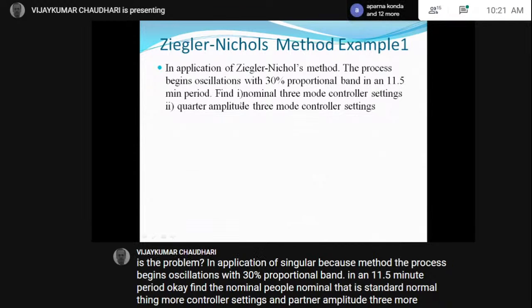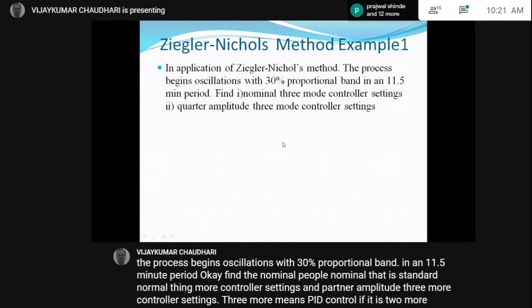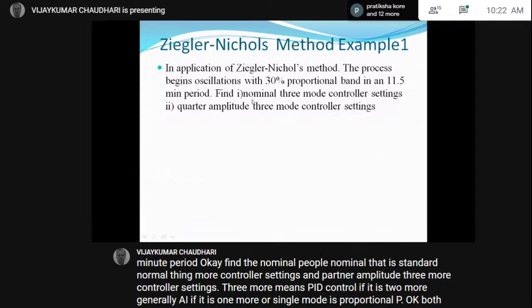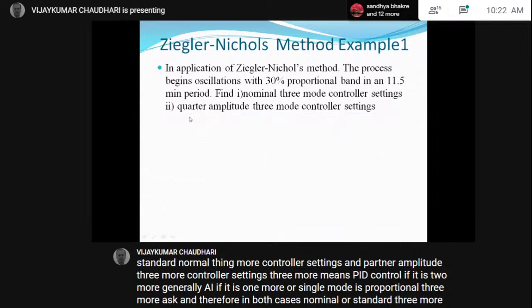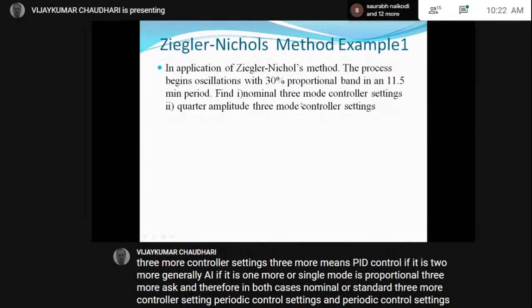Three-mode means PID control. If it is two mode, generally it is PI. If it is single mode, it is proportional P. Both are asked for three mode, so in both cases, PID controller settings, standard and for quarter amplitude response. In both cases, Kp, Ki, and Kd are to be adjusted.